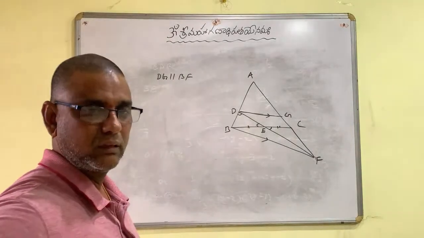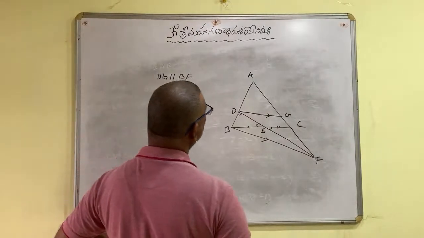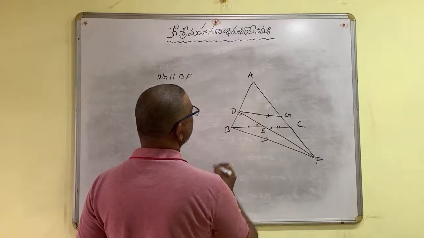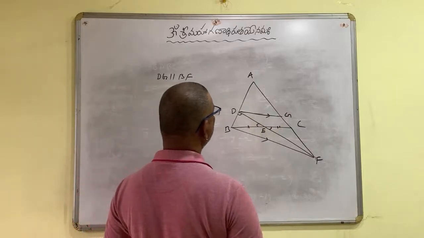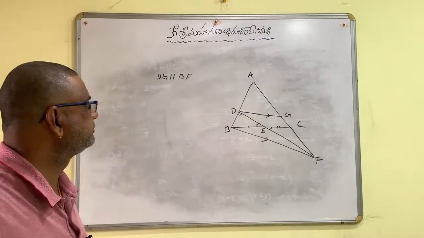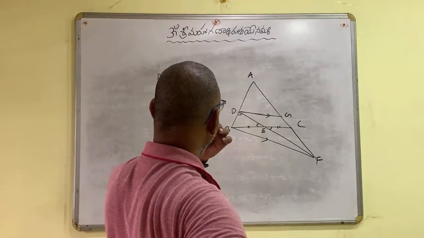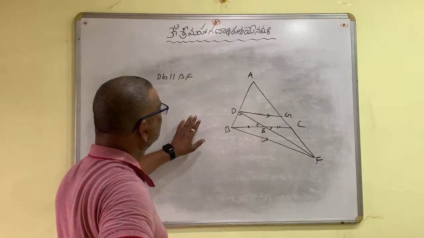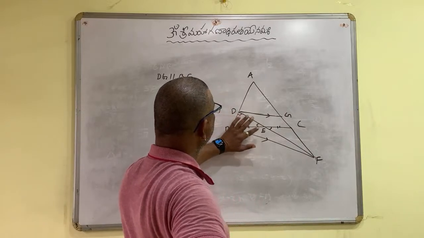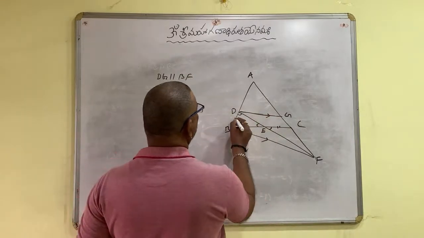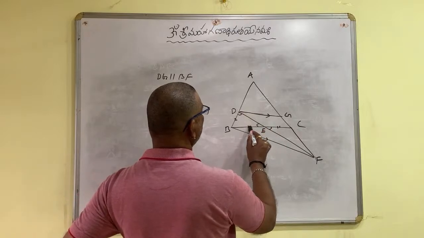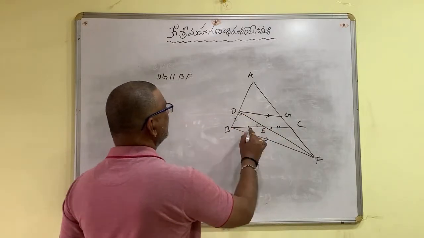Vertically opposite, these two are equal. DB is equal to BE, but BE is equal to this, so this also becomes equal. These two also become equal.